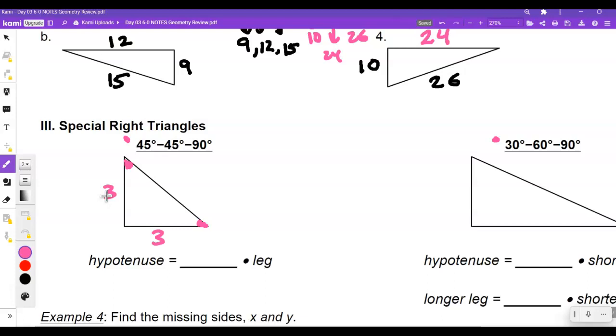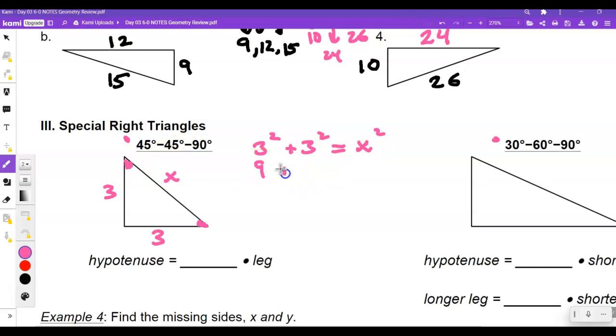Okay. Now I'm going to do this a long way just one time just to show you what the answer comes out to, but afterwards you can use a shortcut. So let's say we wanted to find the hypotenuse, and we'll use 3 and 3. So I'd do 3 squared plus 3 squared equals x squared.